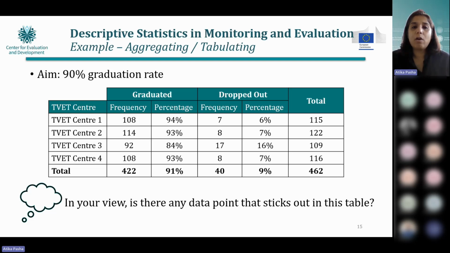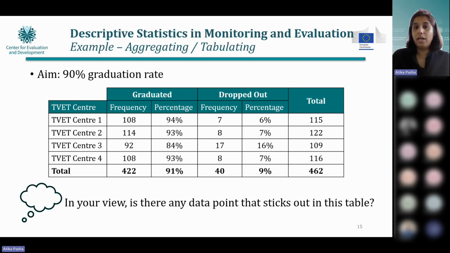What we find is that of the 462, if you just look at the last row, 422 managed to graduate. 40 dropped out during the training process. Therefore, our overall graduation rate is 91%.